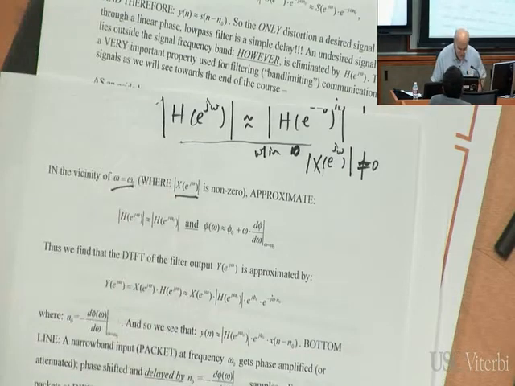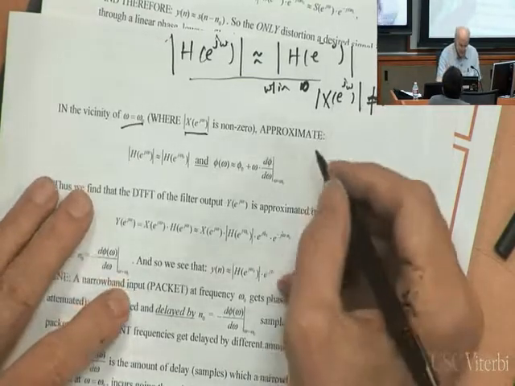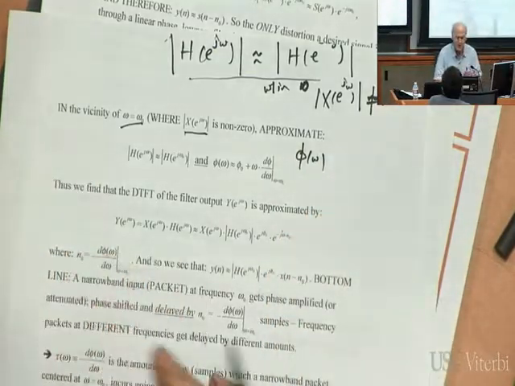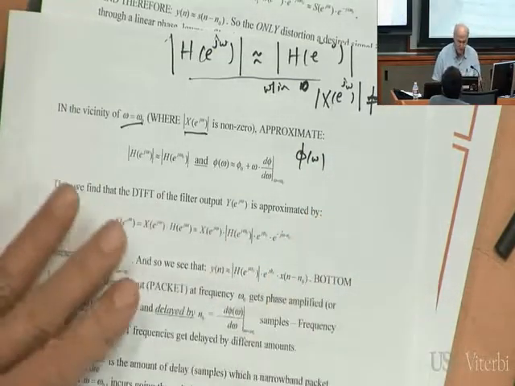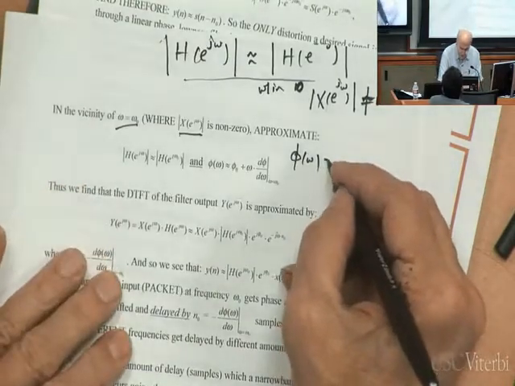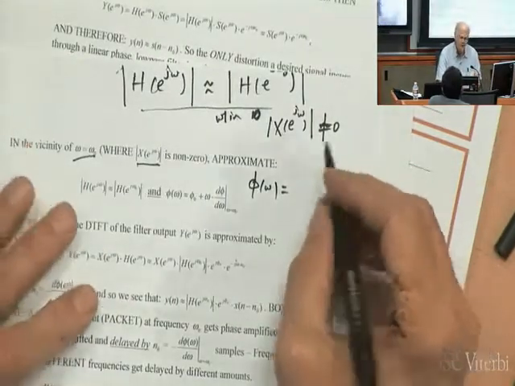What are we going to do about the phase? Well, let's be a little bit more exact on the phase. What I'm going to do with the phase is a Taylor expansion. Clearly if the region is super narrow, then phi of omega could also be approximated by phi of omega naught. But I'll do a little bit better approximation.